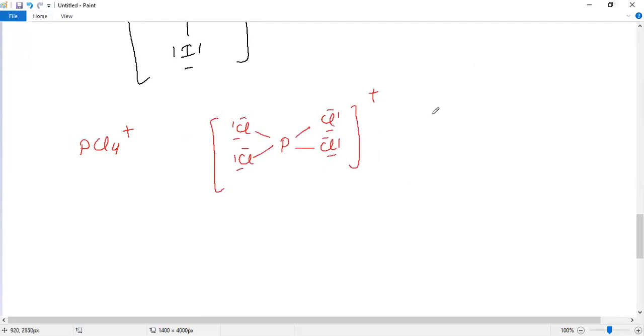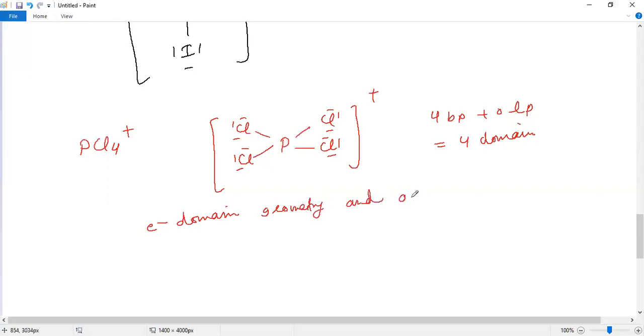So I have only 4 bonding pairs and 0 lone pairs, which makes 4 domains total. The electron domain geometry as well as the actual shape will both be the same, that is tetrahedral.